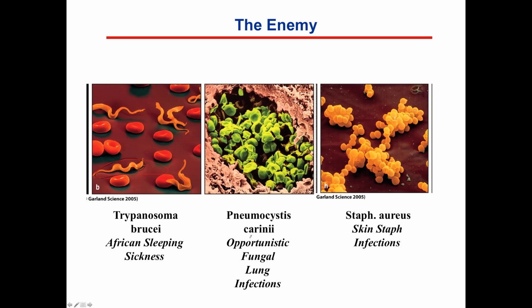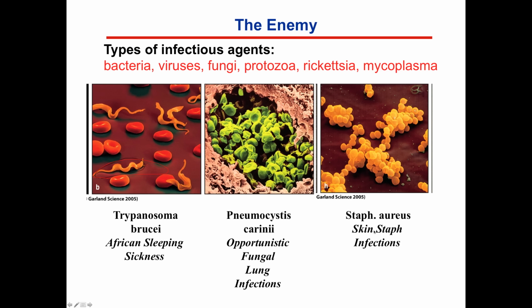There's, of course, opportunistic fungal infections, such as Pneumocystis carinii, which causes lung infections. And there's also bacteria, such as Staph aureus, which you know about, which results in skin staph infections. These are all types of infectious agents.